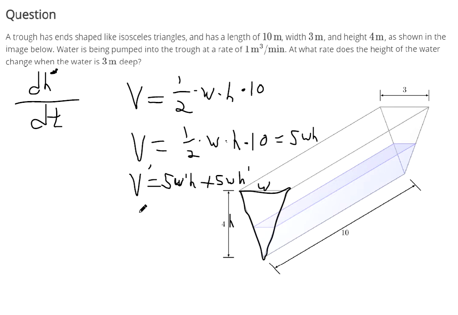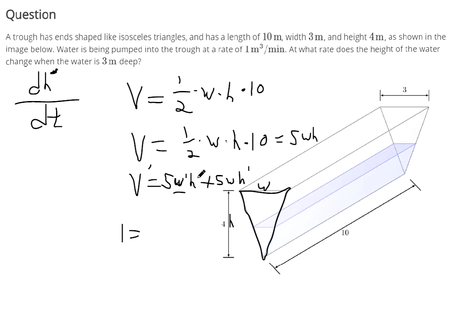Sorry, I said that wrong. So there is a derivative, and now we have that h prime that we're looking for. We want to get this by itself, so we've got to find some information to plug in. They tell us the volume is increasing at a rate of 1 meter cubed per minute, so 1 goes in for v prime.